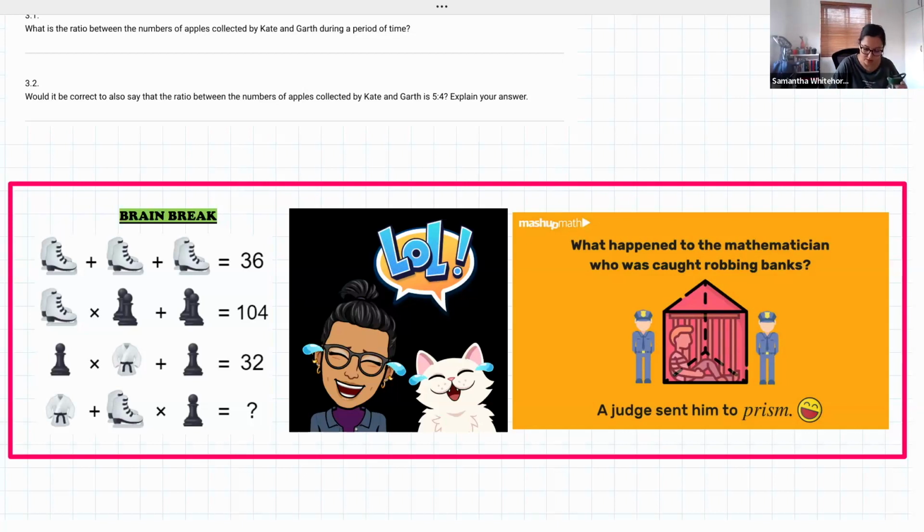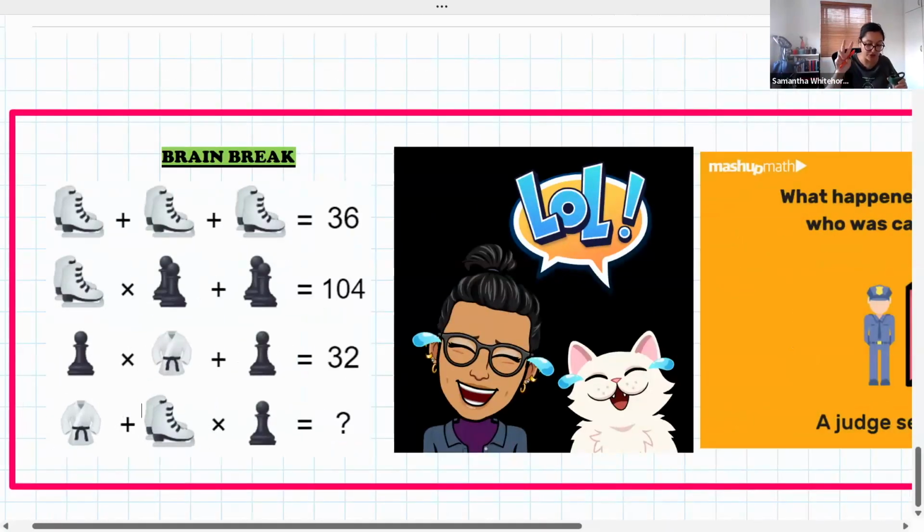Umar, wow. I'm very slow. It's okay. And guys, be careful. I'm going to make it a bit bigger. Be careful where there are 2 skates and where there's only 1 chess piece. We need to take note of what that means.